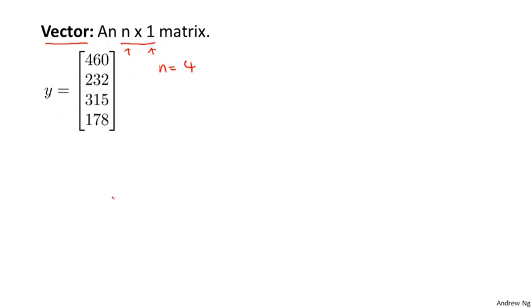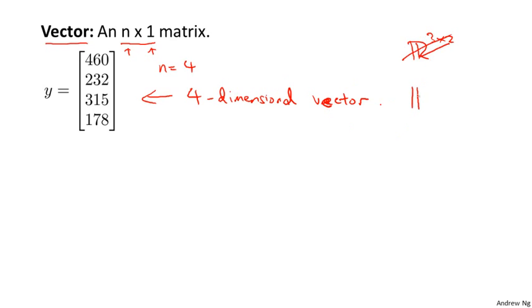Another term for this is a 4-dimensional vector. It just means that this is a vector with 4 numbers in it. And just as earlier for matrices, you saw notation like R3 by 2 to refer to 3 by 2 matrices, for this vector we're going to refer to it as a vector in the set R4. So R4 just means the set of all 4-dimensional vectors.